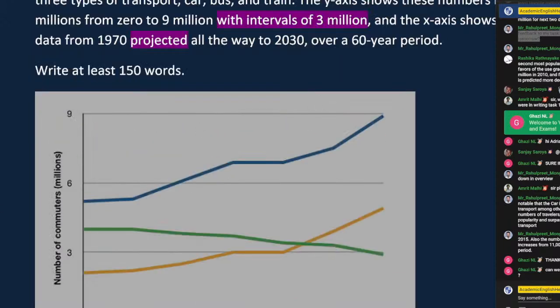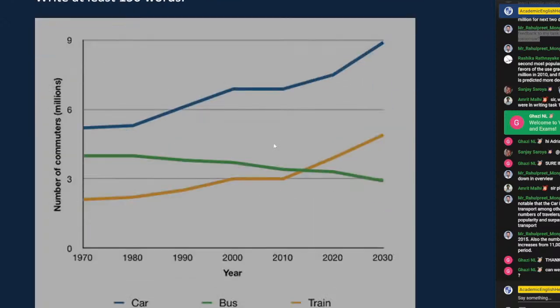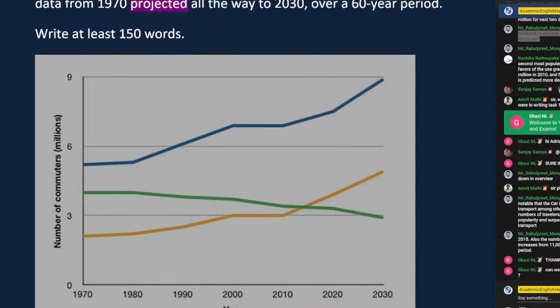There will be 9 million people using their cars, okay? So you have to be able to use the future there when you're referring to the actual information. If I'm talking about the graph, then the graph is always present. Okay? Take note of that, students. So graph is always present tense.